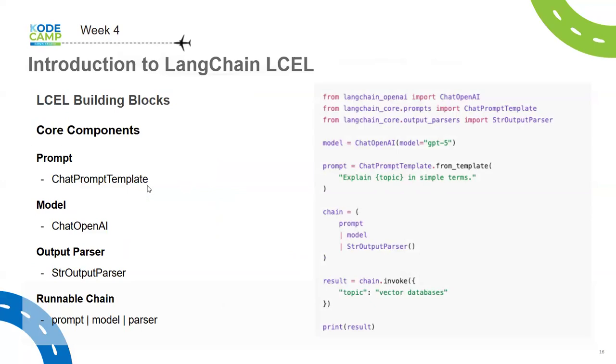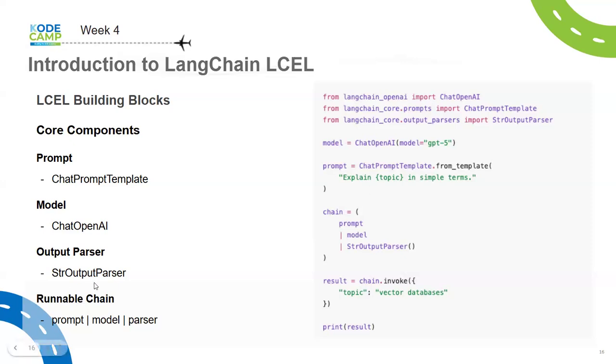So use chat prompt template to create a prompt. A prompt is a runnable as well. You use the chat model to create a model. A model is also a runnable. Then you can chain those. The interesting thing is that LangChain automatically handles the variables. It actually knows how to handle the variables.